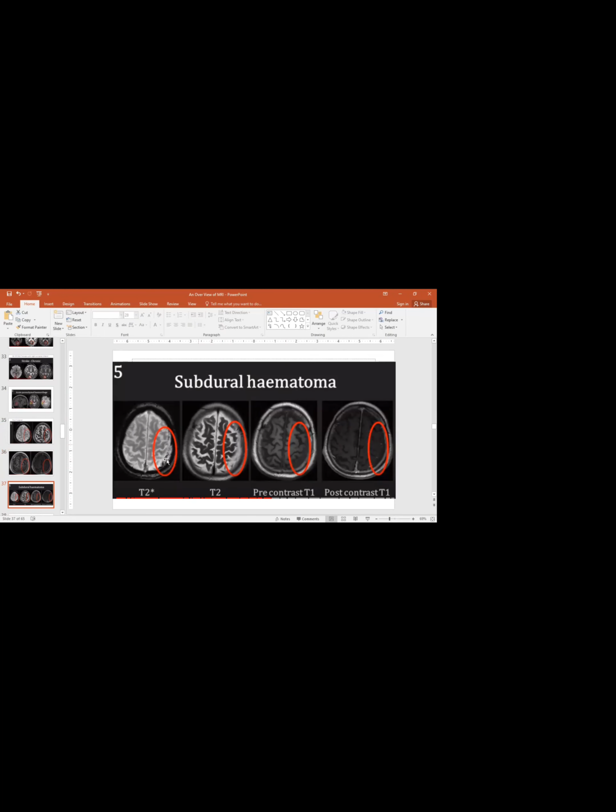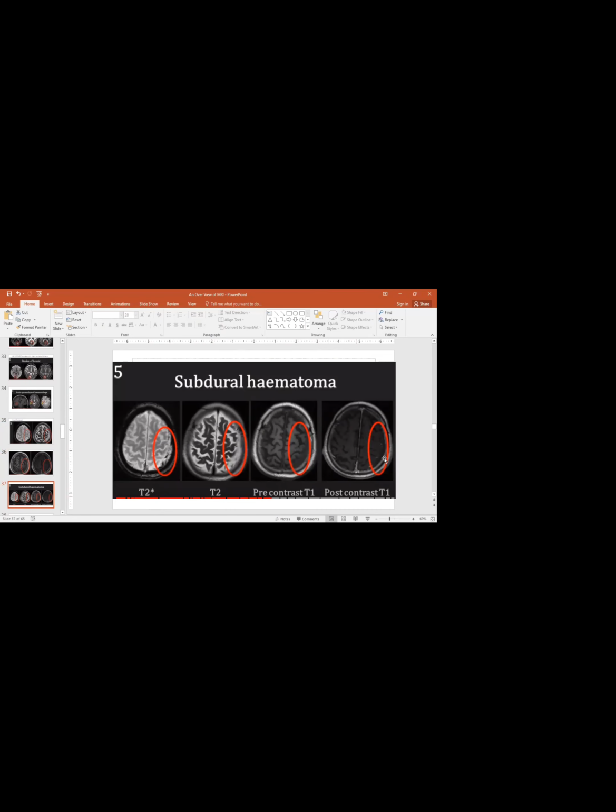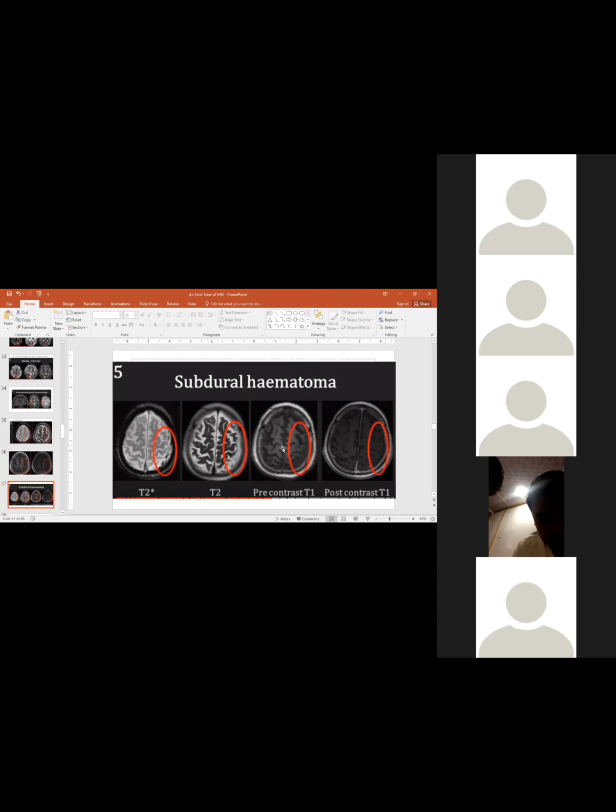So on MRI, the post-surgical subdural hematoma was visualized like this. It is visible like this. This is T2 star. This is T2 sequence. This is pre-contrast T1, and this is the post-contrast T1.